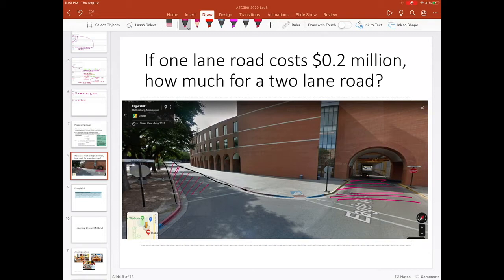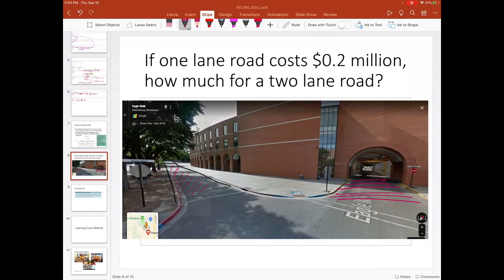Like to pave the 1 lane road, you have to rent some construction machines, pavers, and workers. You deliver the material to the site, right? That's what you need to do. And then if you pave the 2 lane road, you still have to do all the same things.